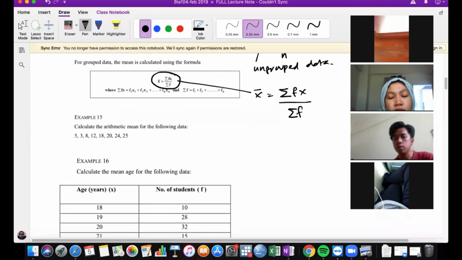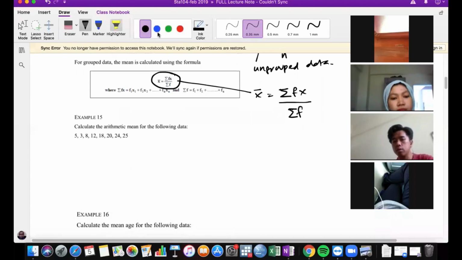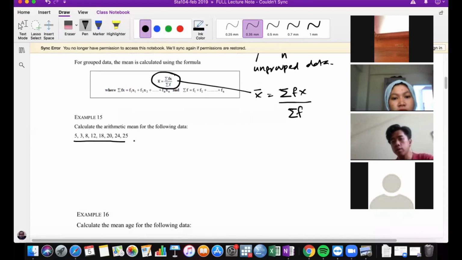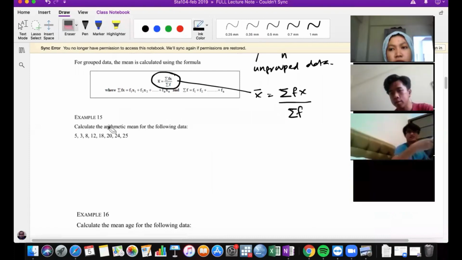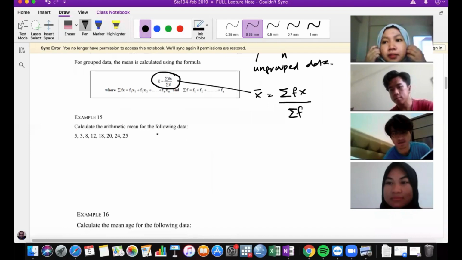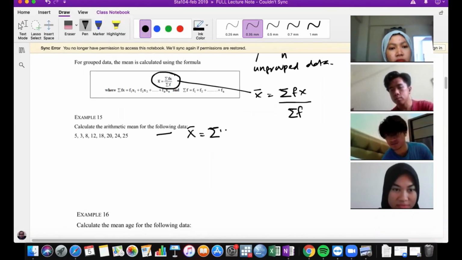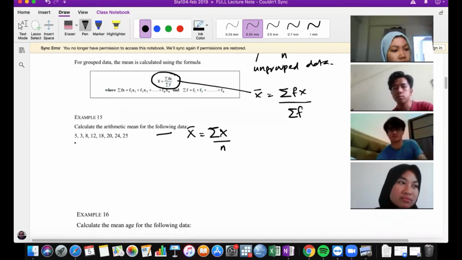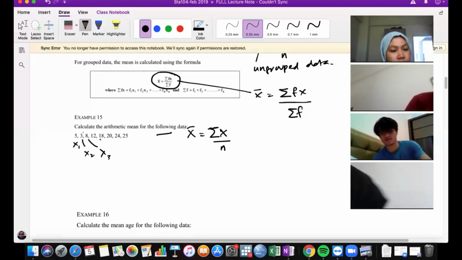So now look at example number 15. To calculate the arithmetic mean for the following data, by looking at this data, it is not in a frequency table, so this is ungrouped data. To calculate the mean for ungrouped data, we're going to use X bar equals the summation of X divided by n, where this is X number 1, this is X number 2, X number 3, and so on.